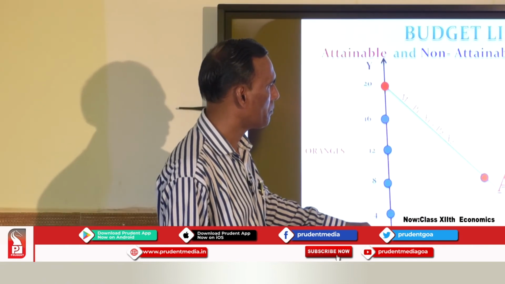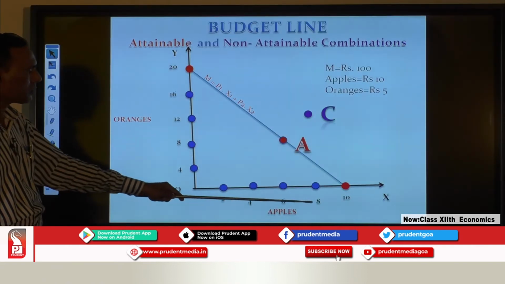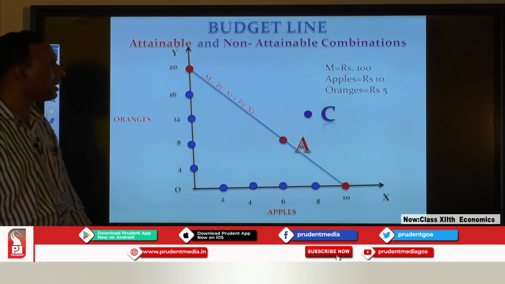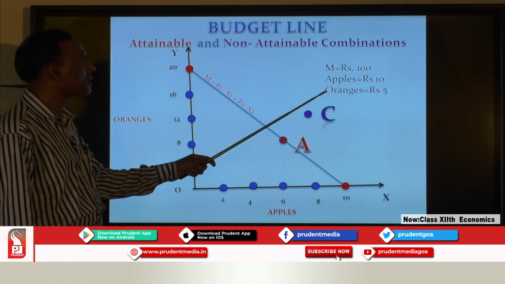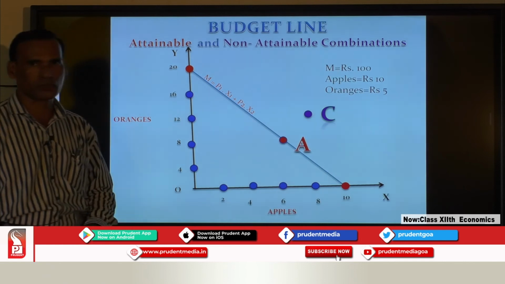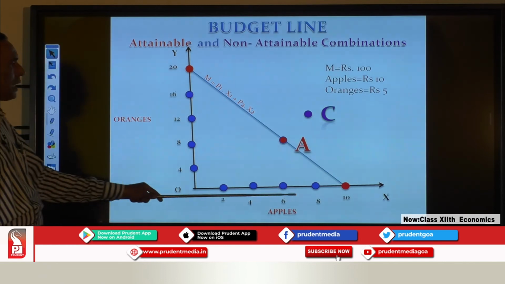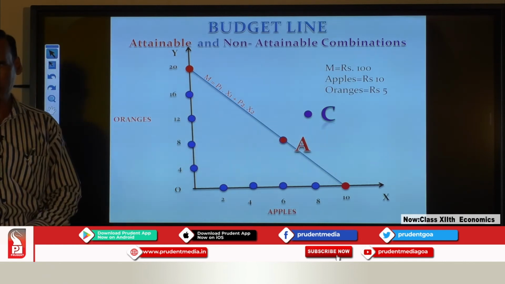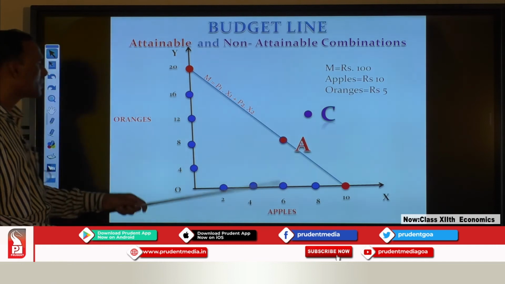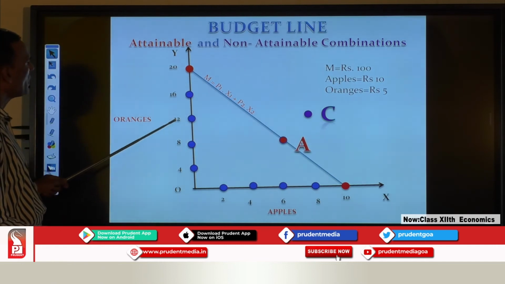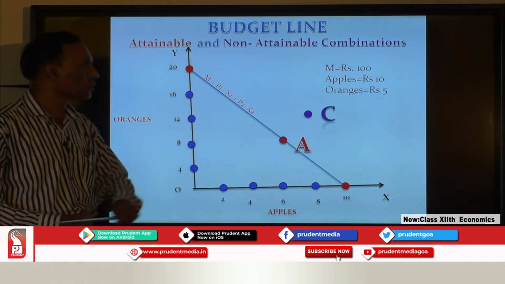Point C. In this, the consumer is buying 8 apples costing 10 rupees each. So, 8 into 10 will give you 80 rupees. Similarly, he is buying 12 oranges costing 5 rupees each.